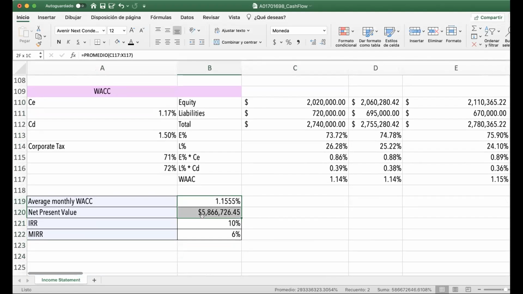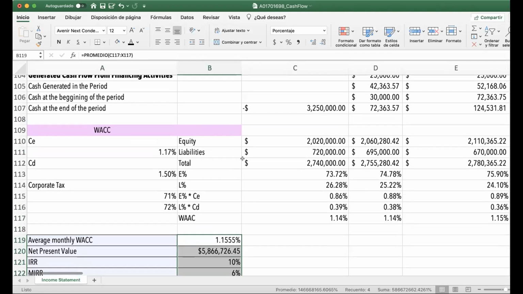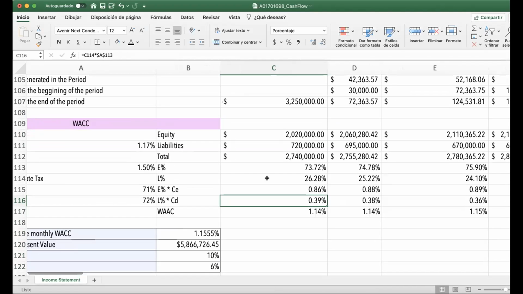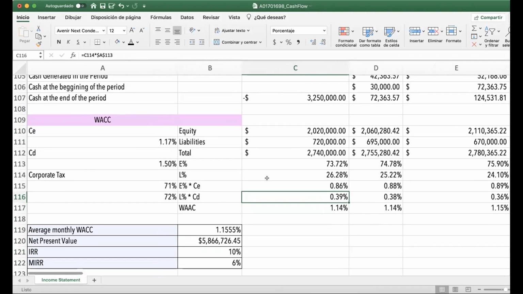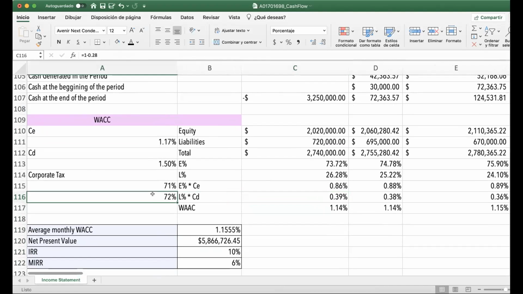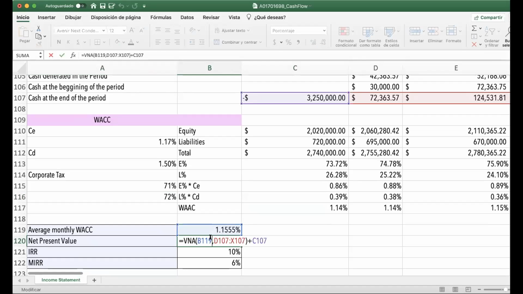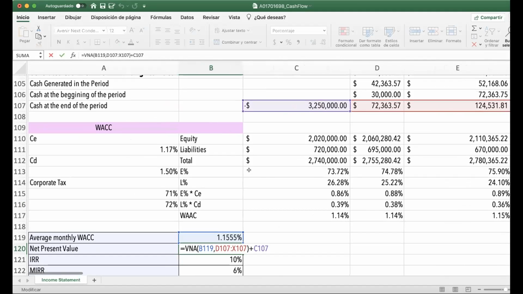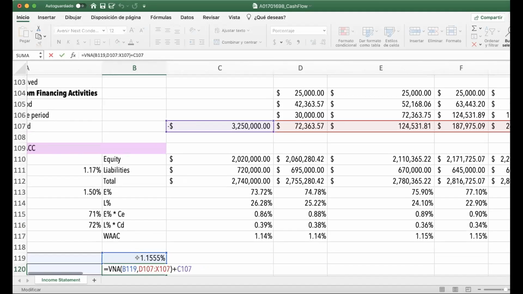What I mean is, why are you using in line 107... Double click on your net present value formula, please. So why are you using that cash flow and that amount of initial investment? Oh, I got it.